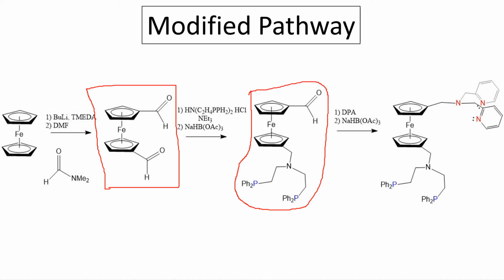We were able to do that in yields that were better than the step mentioned on the previous slide, and this eliminated some intermediate steps. So this was a fortunate finding for us and allowed us to make our synthetic pathway more efficient.